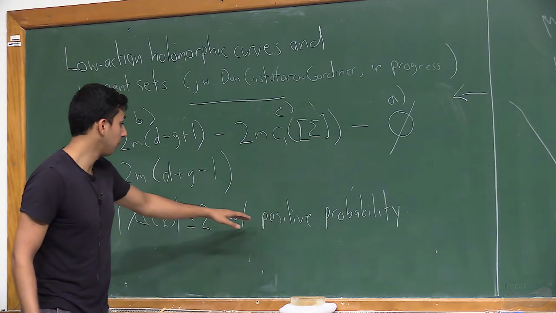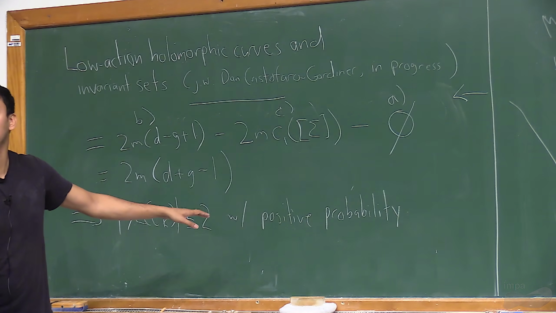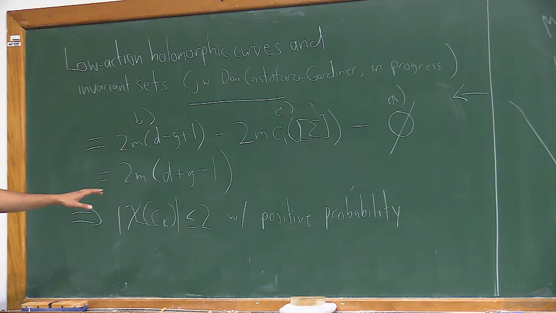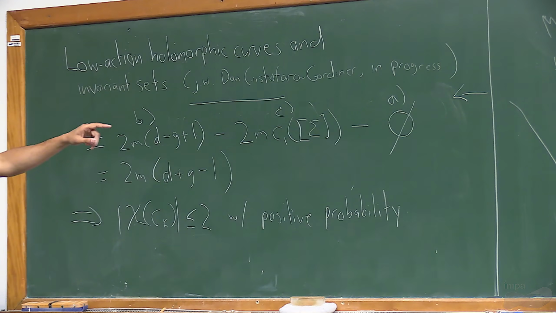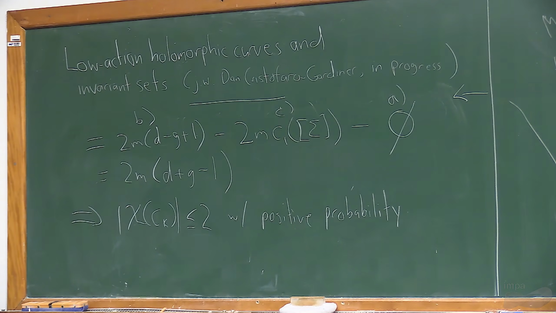Or by positive probability, I mean kind of independent of what this large parameter D is. And so using this, you can pick out a low action curve with bounded Euler characteristic, which passes through this point constraint Z. And that's enough to show that surface maps have enough, or rational surface maps have enough low action curves.